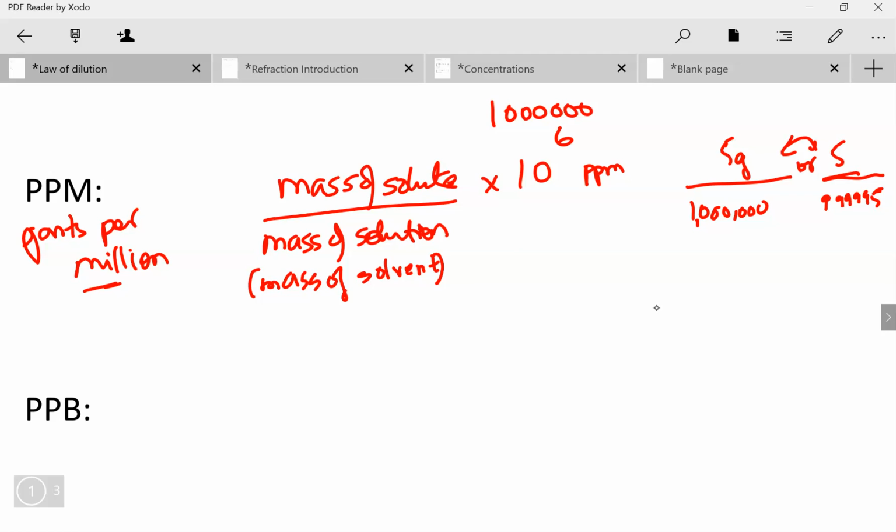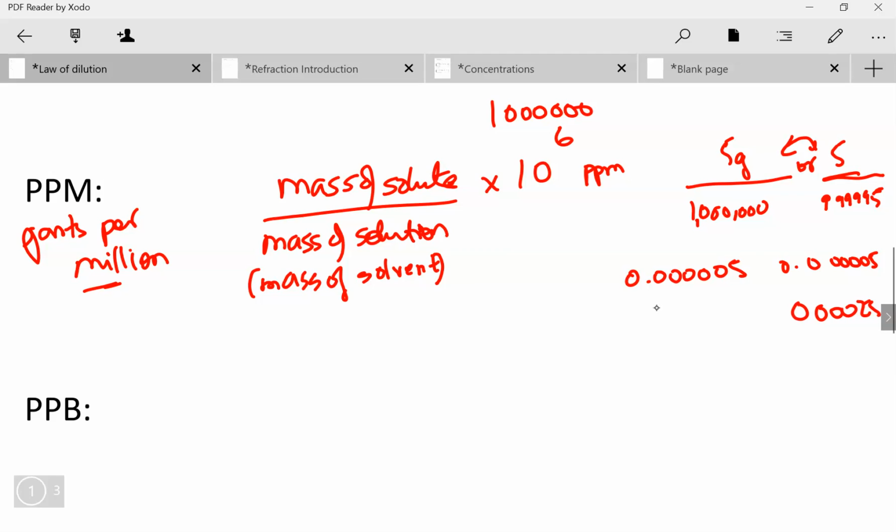I'll even show you. This would be 5 divided by 1 million, which is 0.000005. And if I do 5 divided by 1 million minus 5, I get 0.000005, which is the same thing, but after that I have 0.00025.